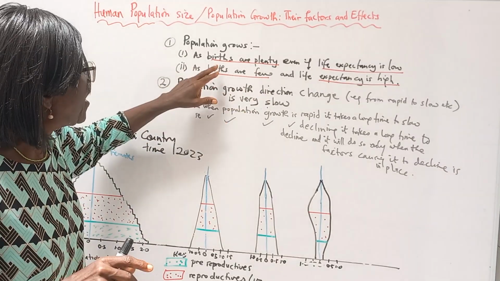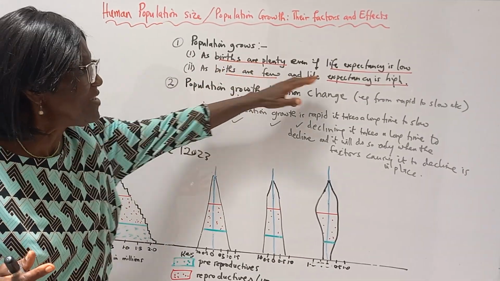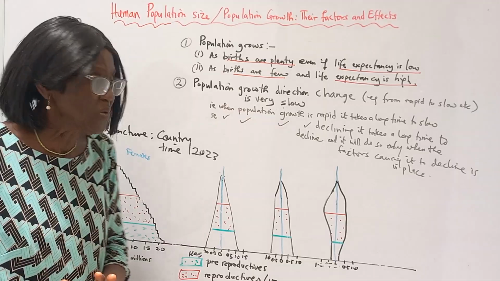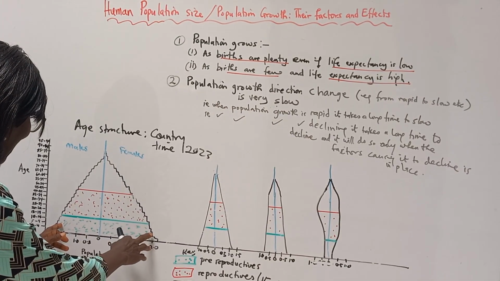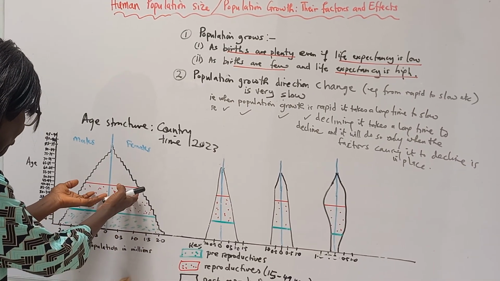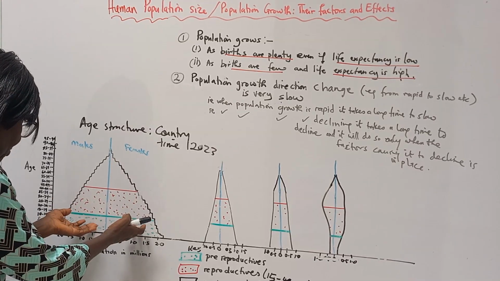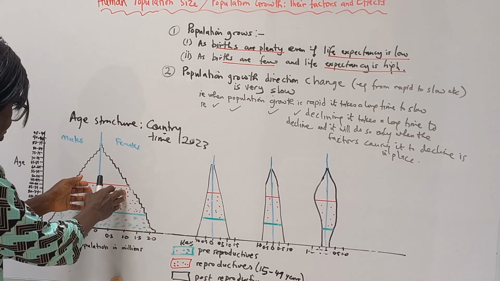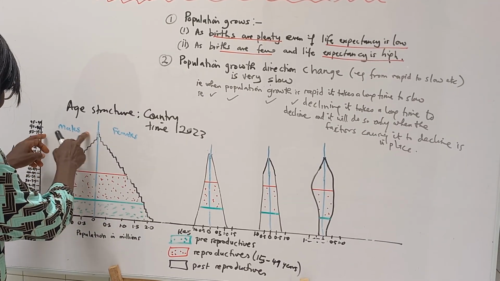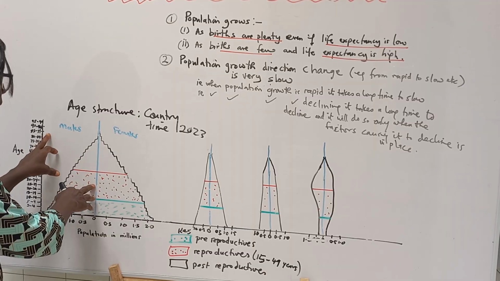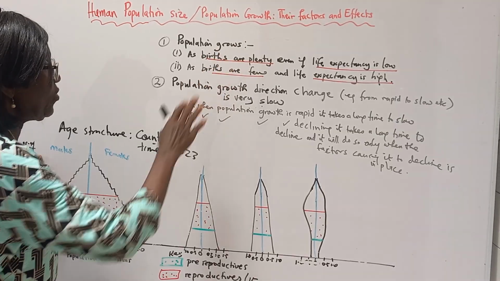Population grows when births are plenty, even if life expectancy is low. So here you have plenty of births because these reproductives are going to give birth. Pre-reproductives are growing to also give birth. And even if life expectancy is low, the population will grow. That's one.